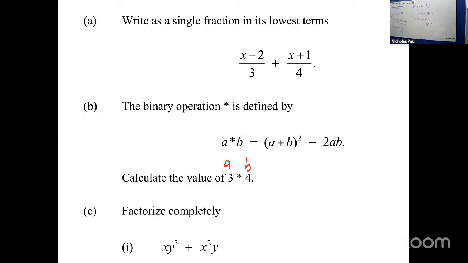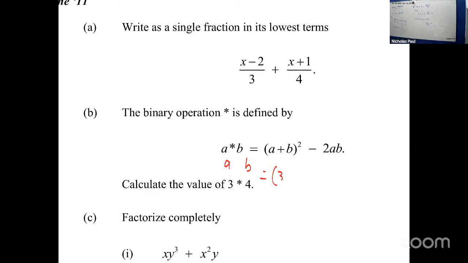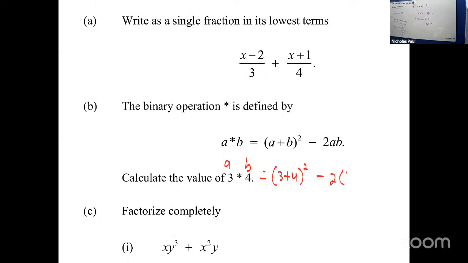So it will be 3 plus 4 all squared minus 2 by 3 by 4. 3 plus 4 is 7, and 7 squared is 49. 2 by 3 by 4 is 24.